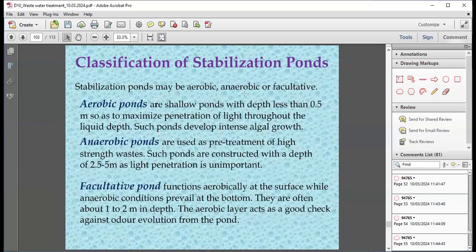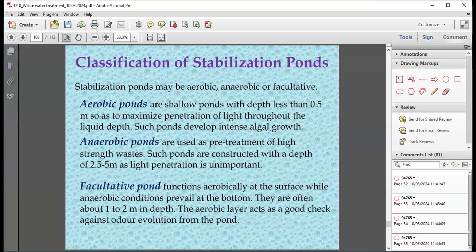Classification of stabilization ponds. Stabilization ponds may be aerobic, anaerobic, or facultative. Aerobic ponds are shallow ponds with a depth less than 0.5 meter to maximize penetration of light throughout the liquid depth.